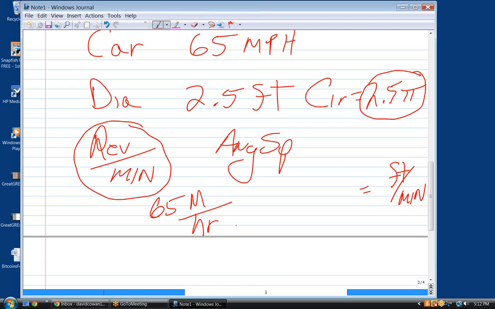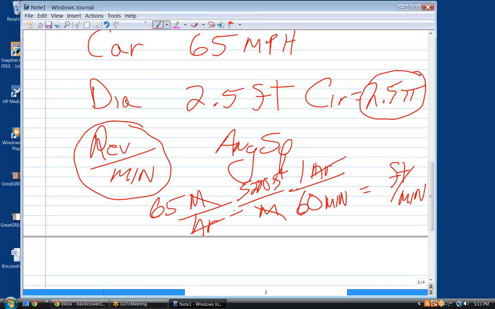So let's see, 65 miles, there are 5280 feet per mile. That gets rid of that. And there is 1 hour per 60 minutes.